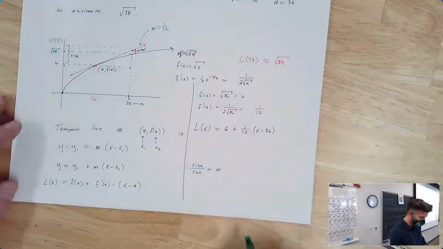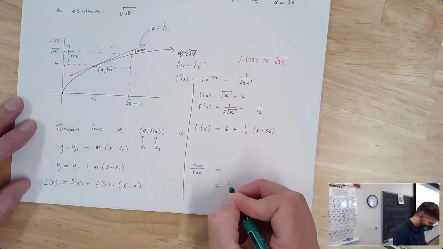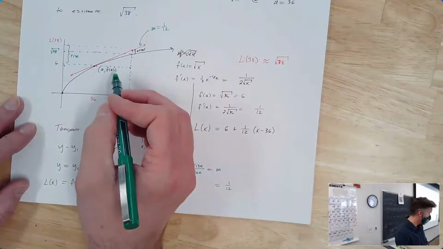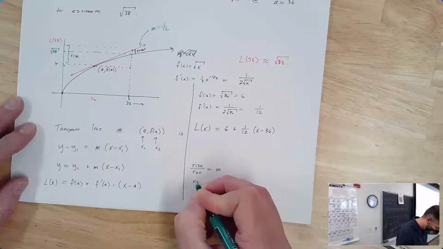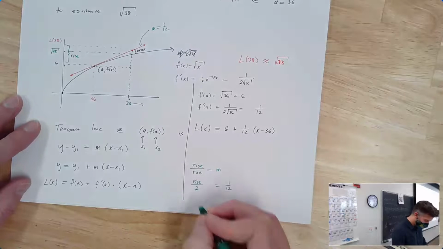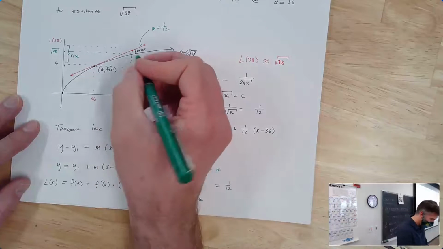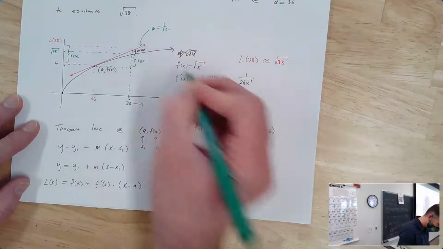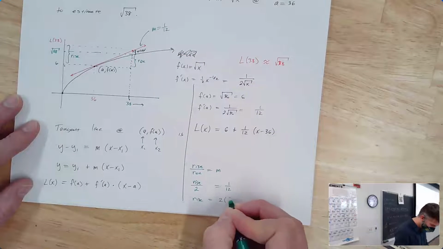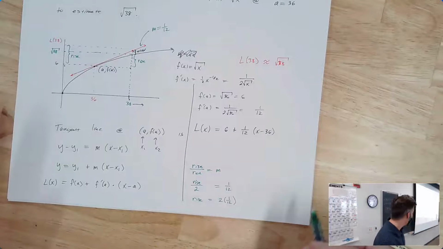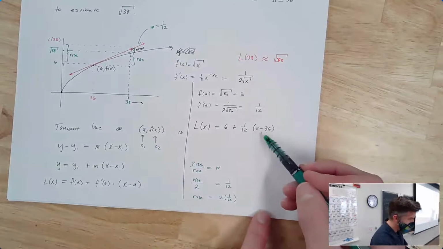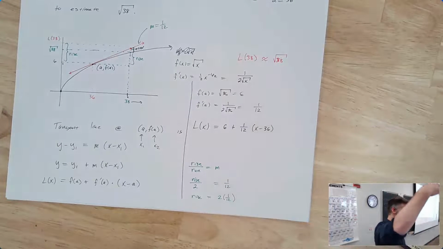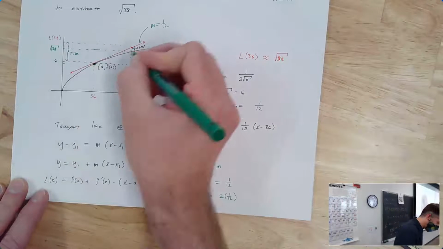We know the slope is 1/12, and we know the run: how much over we go is 2. So the rise, how much this part is right here, is going to be just 2 times 1/12, which is exactly what we're going to get when we plug in 38 right there. We're going to get the slope times how much over we went to figure out how far up we went from that point there to that point there.